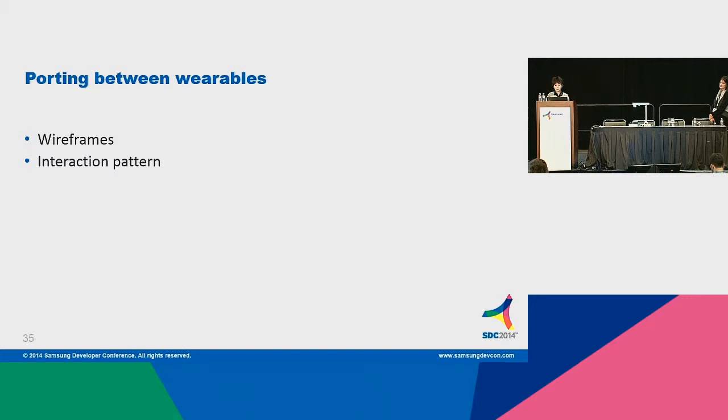Interaction model. How you navigate from one screen to another. Is it a tap or a drill down? When will your app send out a notification? This interaction model will stay the same. Data moved across the line will not change either.